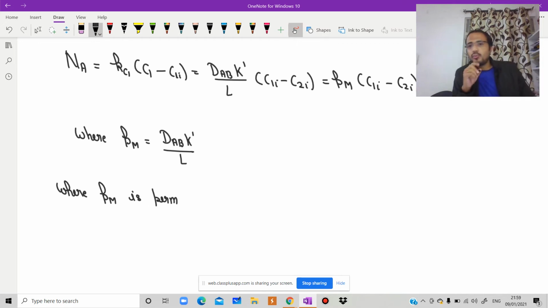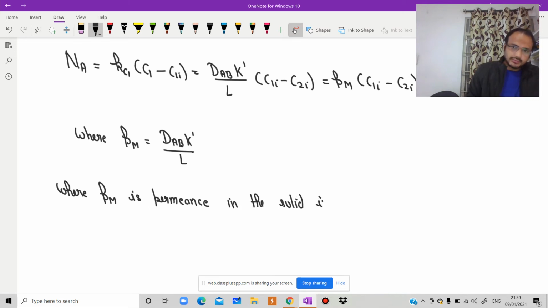I told you one more formula, the relation between the permeability and concentration conversion. PM is permeance in the solid, in meter per second.